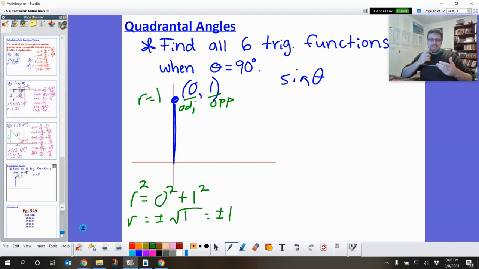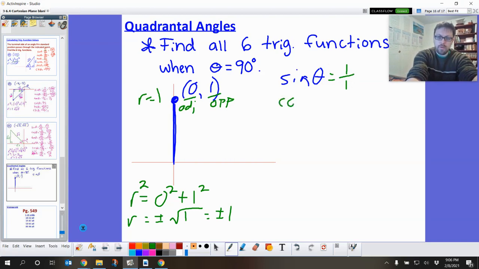And remember, I'm doing 0 and 1 because it doesn't matter if I used a bigger value or a smaller value. Things would just cancel out and simplify. So sine is always the opposite side, which seems to be this second value, over our hypotenuse, which is a nice value of 1. So sine is just 1 over 1.